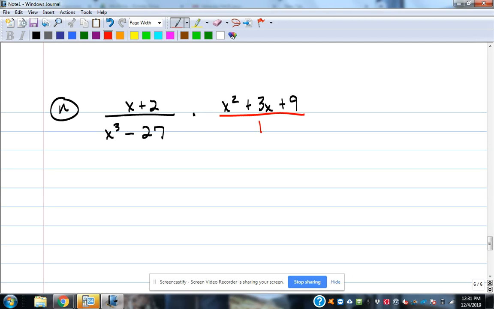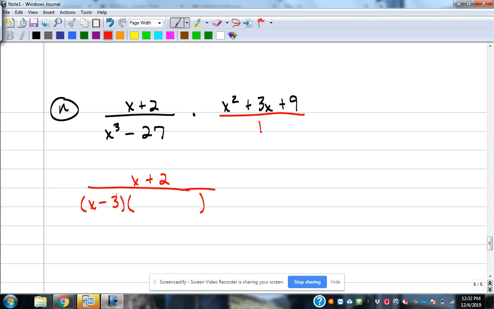So, what kind of factoring can happen here? I got a difference of cubes down in the bottom part because 27 is what cubed? 3 cubed. So we got to factor that way. Short factor, long factor. Top part of that fraction doesn't factor. So what's the short factor?